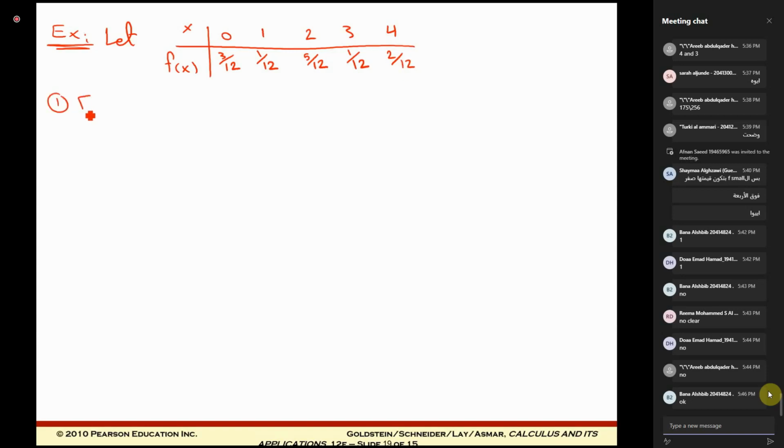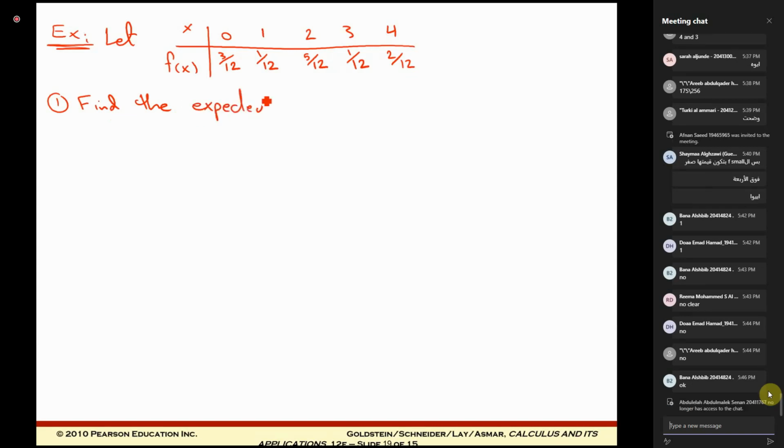Firstly, find the expected value. Expected value means E of X. This is the same as the mean. Find the mean or expected value.